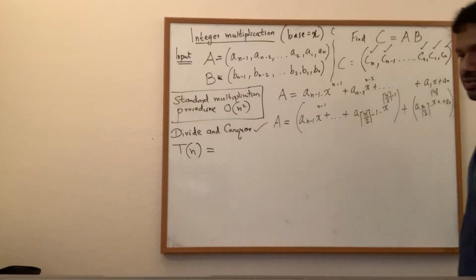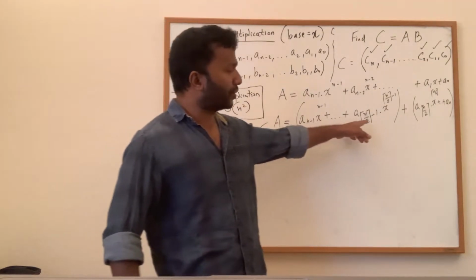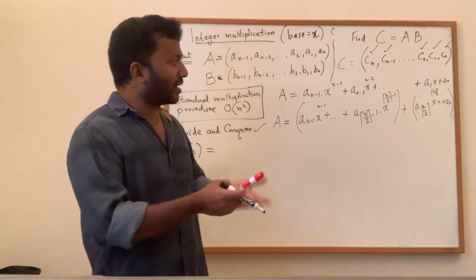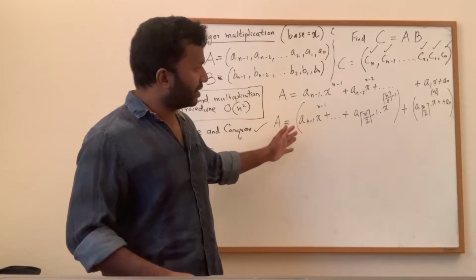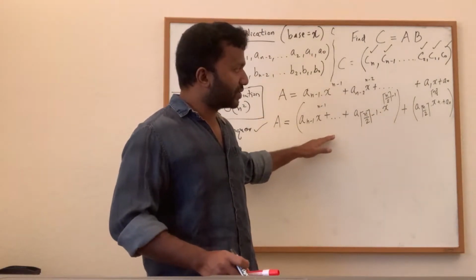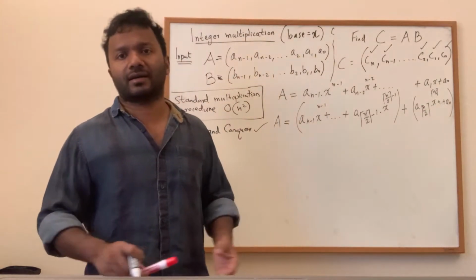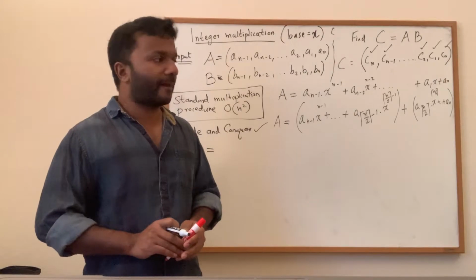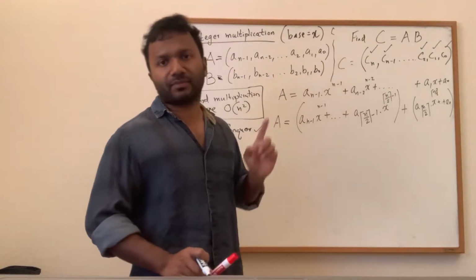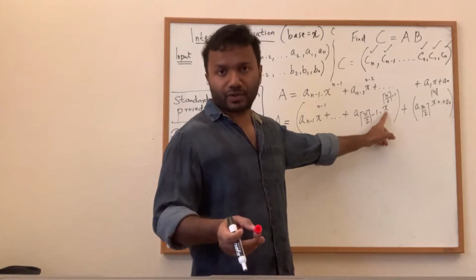All I have done here is this: n over 2 ceiling is just to take care of the scenario where n is an odd number. So roughly speaking, I have separated these integers into two parts, roughly n over 2 digits on the left side, and n over 2 digits on the right side. One thing you can see here is that all of these terms on the left have something in common, which is x to the n over 2.